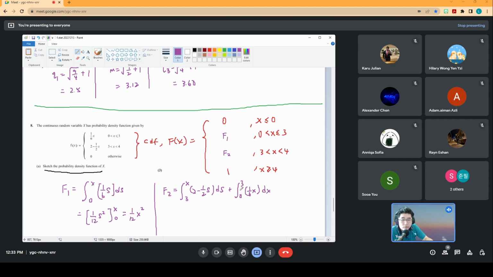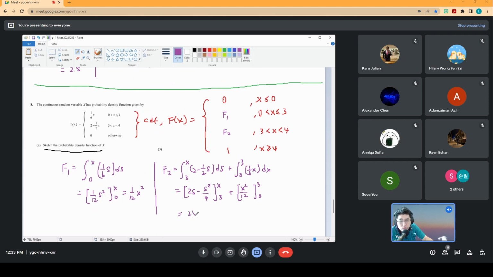Okay, we have to add the previous part because of accumulation. So we have 2s minus s squared over 4, evaluated from 3 to x, and x squared over 12, evaluated from 0 to 3.